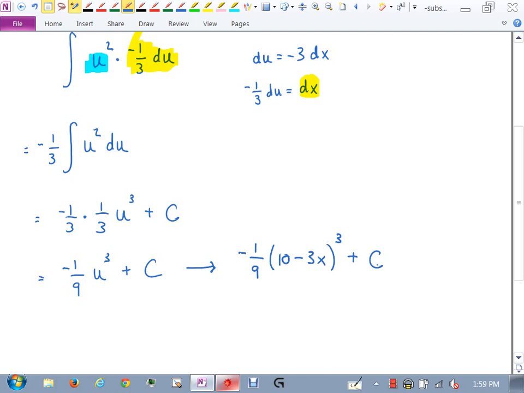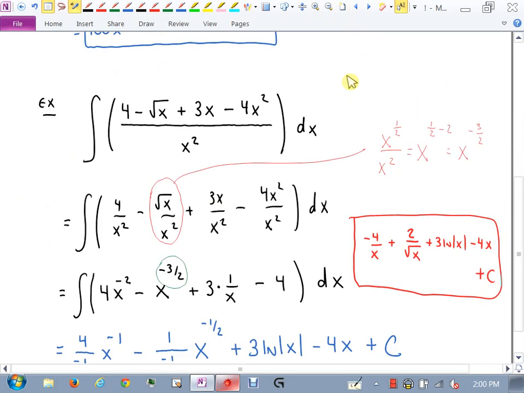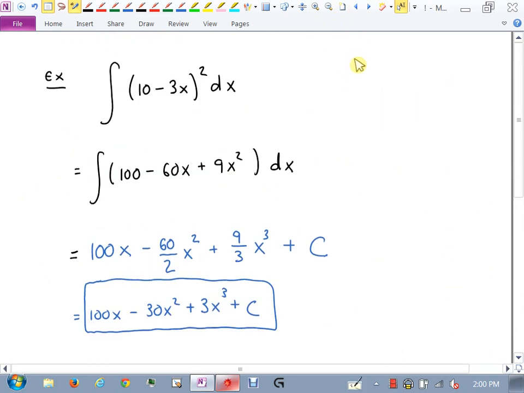Is that the answer we got earlier? We did this problem earlier, didn't we? That was it right there, right? I would argue, and I think you might agree with me, that this was easier to do it this way. Would you agree?